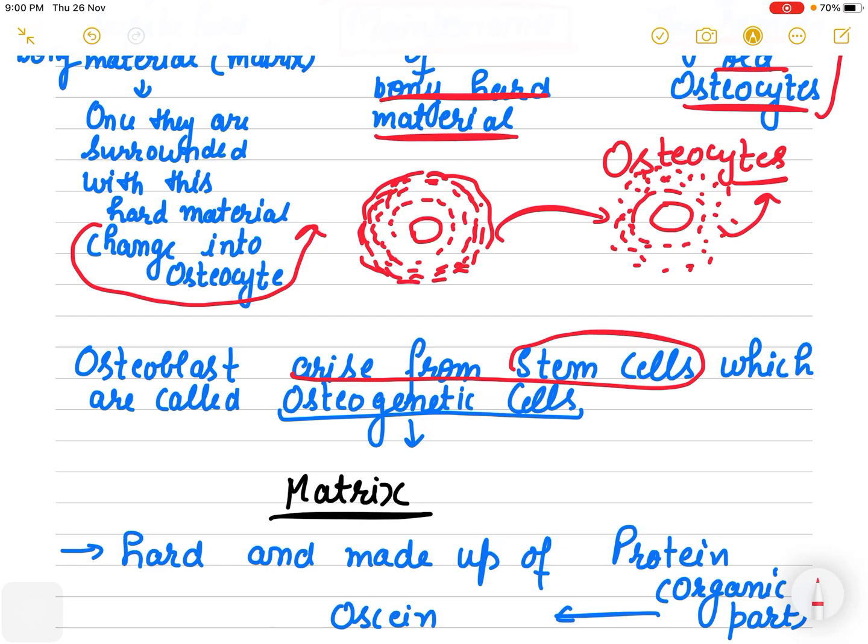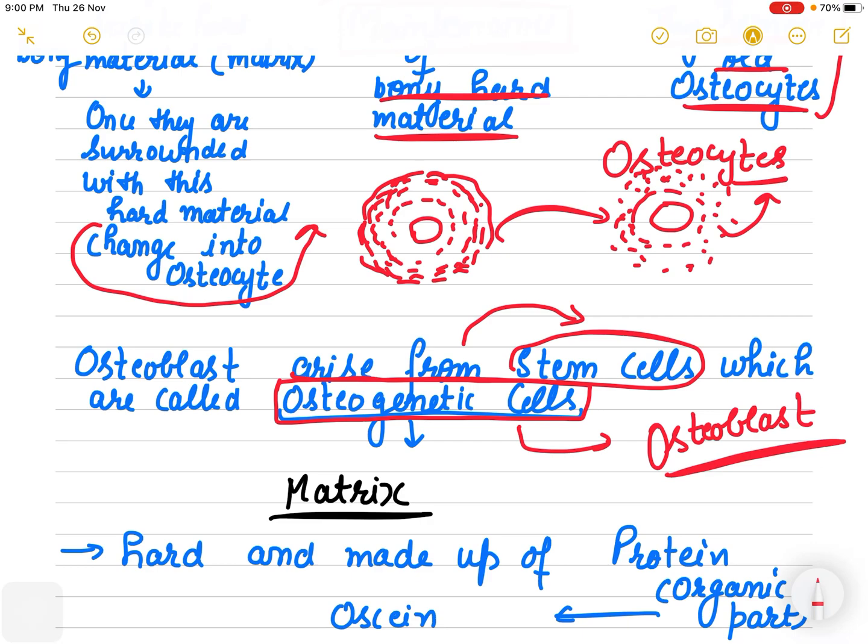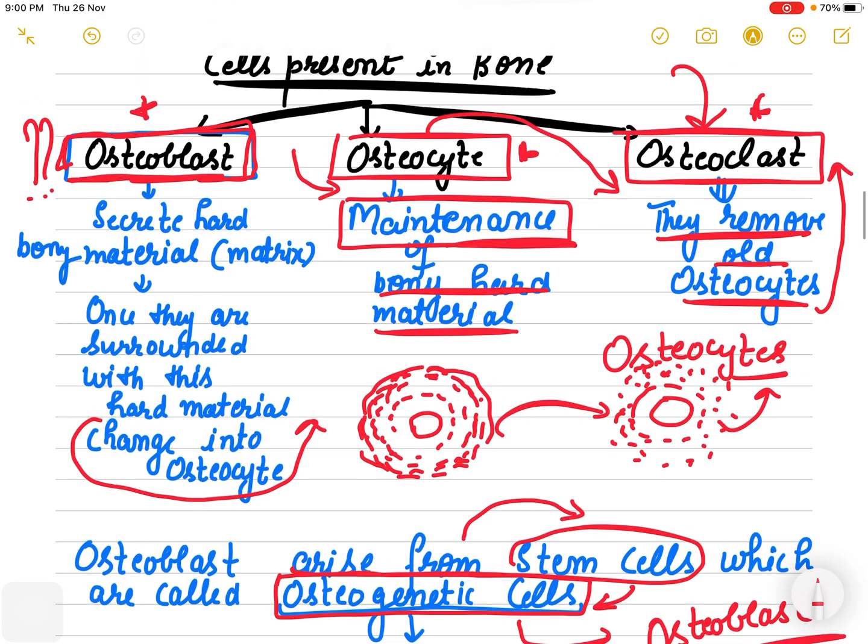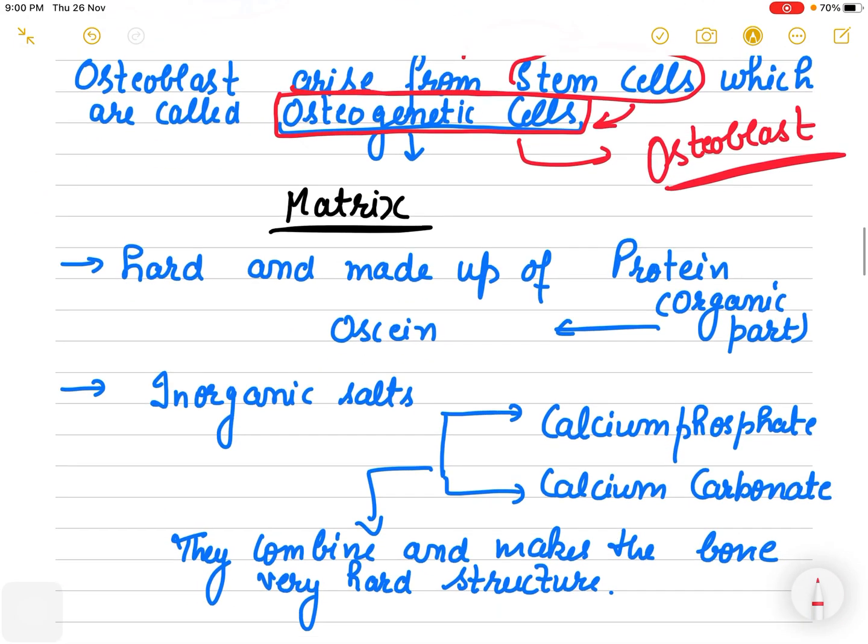These special stem cells are known as osteogenetic cells, and they give rise to osteoblasts.